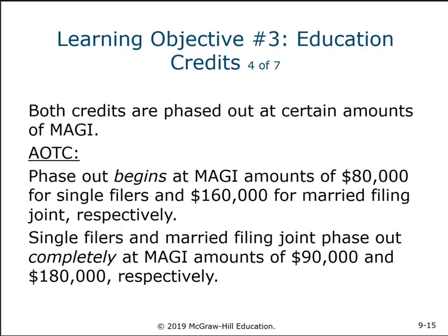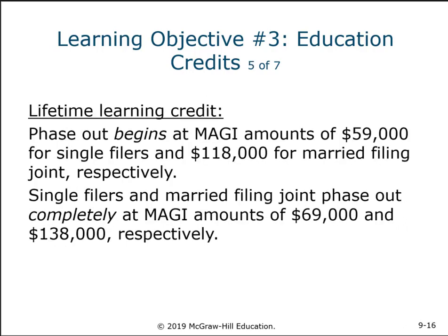And they're completely gone by the time you get to 90 or 180. So basically, as long as it's 160 or below, you get the full credit you calculated. From 160 to 180, if we're married filing jointly, you'll get part of the credit, depending on how far through that range you are. If it's over 180, you're going to get none of that credit.